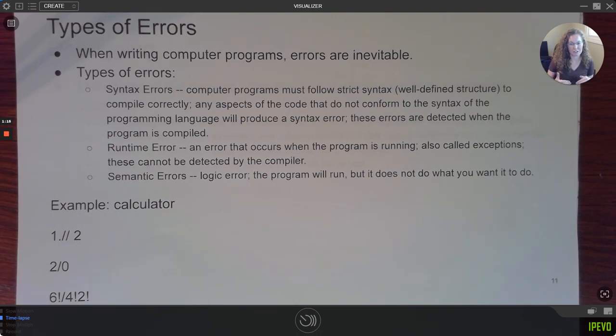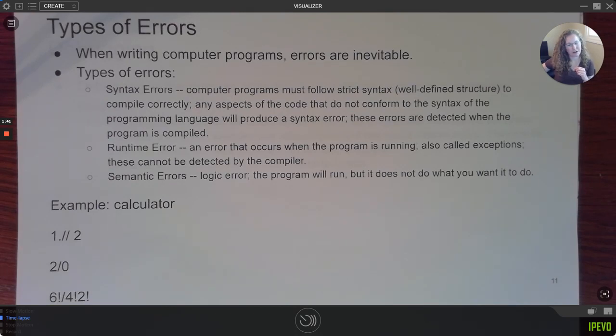And if you don't make your statement look exactly the way that a correct statement looks, then the compiler can't recognize that as an actual real Python programming statement. So a syntax error will be any aspect of the code that doesn't conform to the syntax of the programming language, and these would be detected by the compiler when the program is compiled.